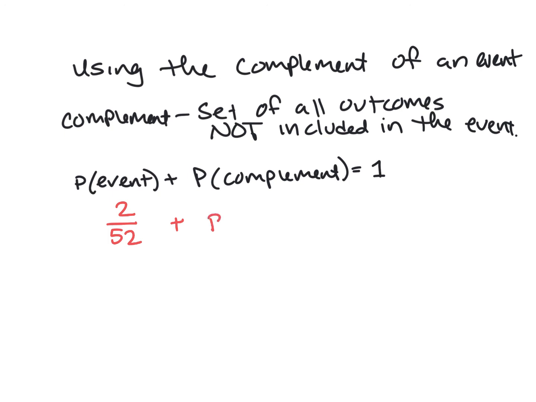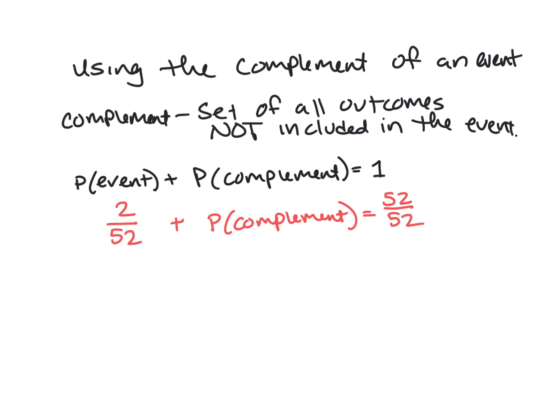The opposite of that would be the complement. And we know that 1 is 52 out of 52, right? There's 52 cards in the deck, and the number 1 is represented as a fraction. A number over itself is still 1.